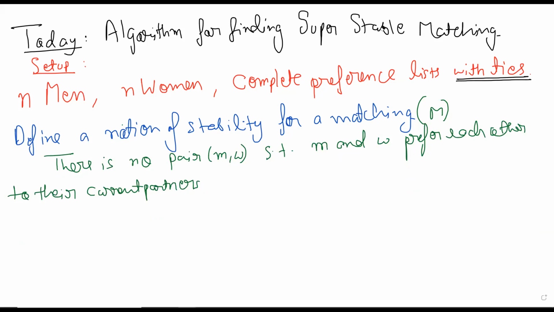And also what we don't want is M and W are indifferent to each other with respect to their current partners.